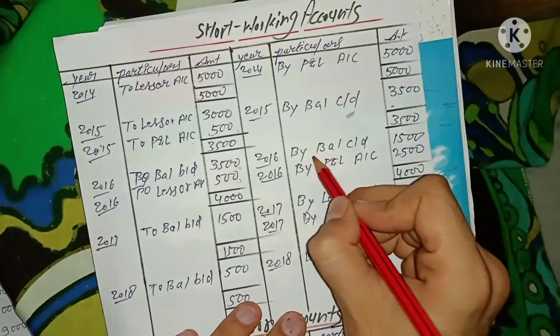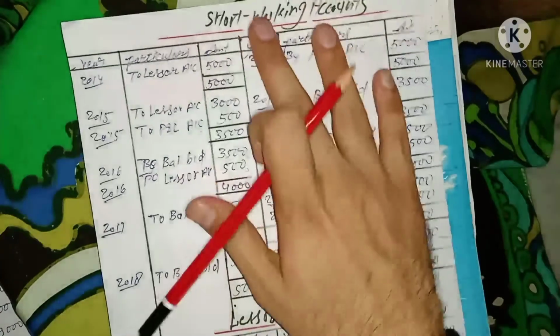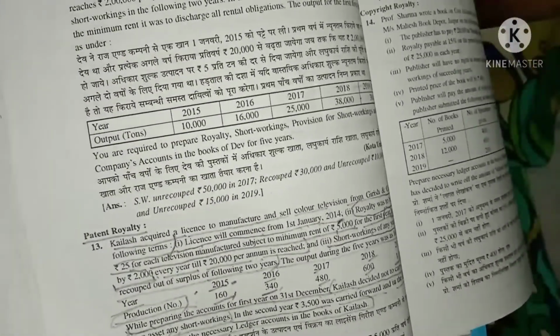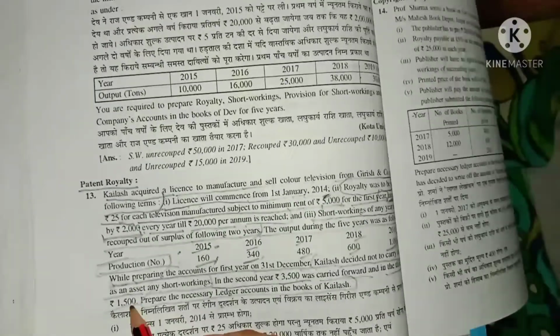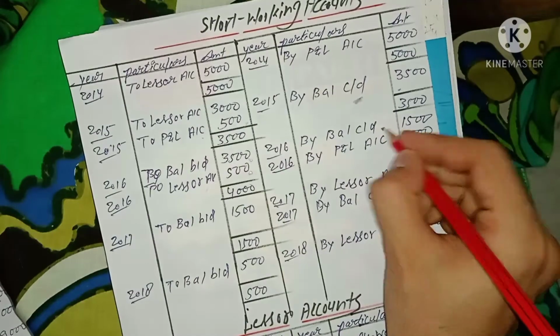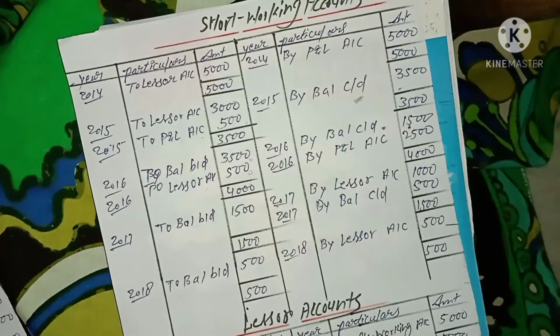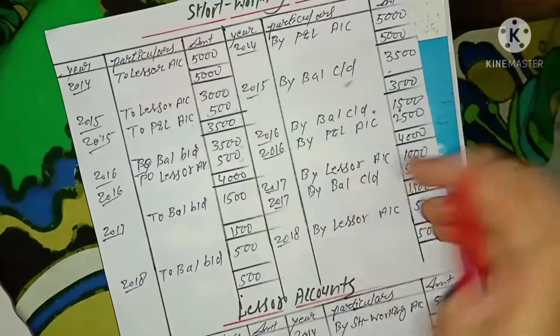And here you can see by balance CD how much closing balance of short working the patentee wanted to carry forward for the upcoming year, that was 1500. So in the closing balance you simply have to mention that amount, 1500.